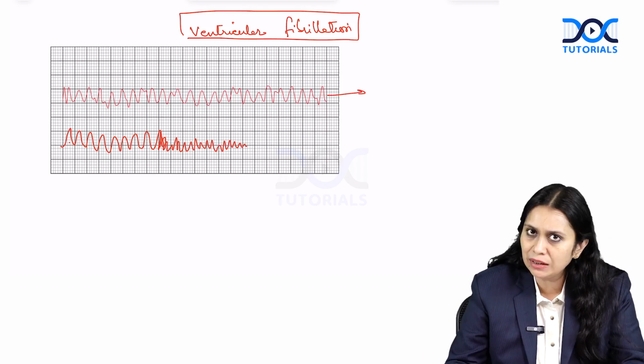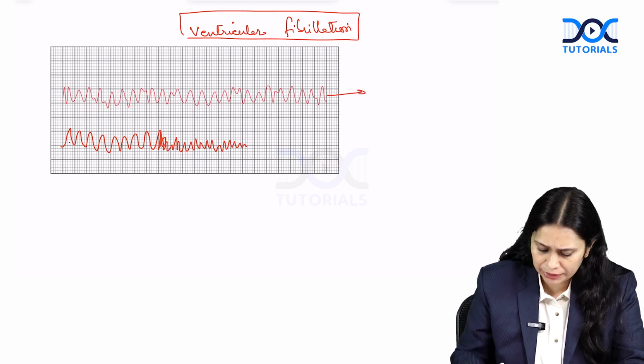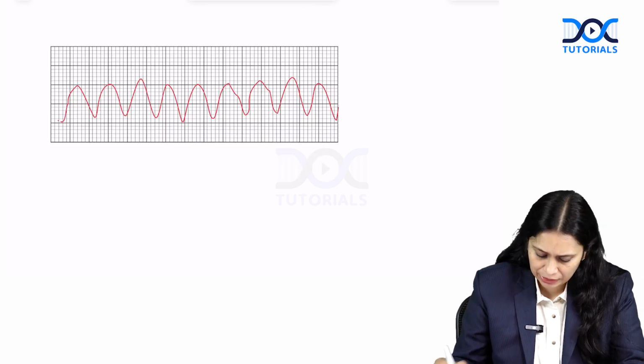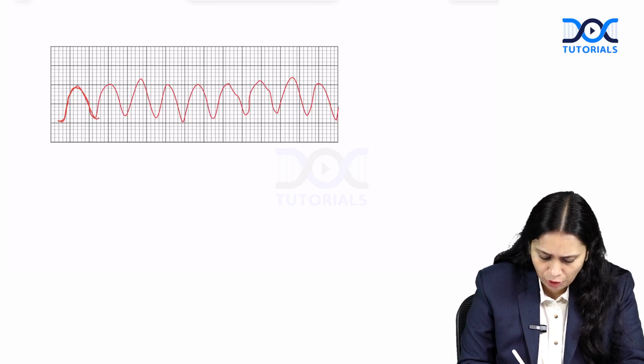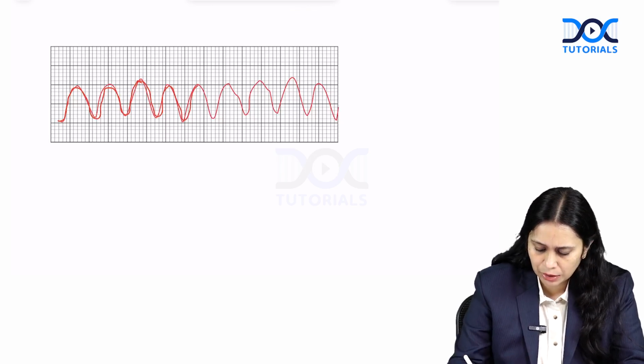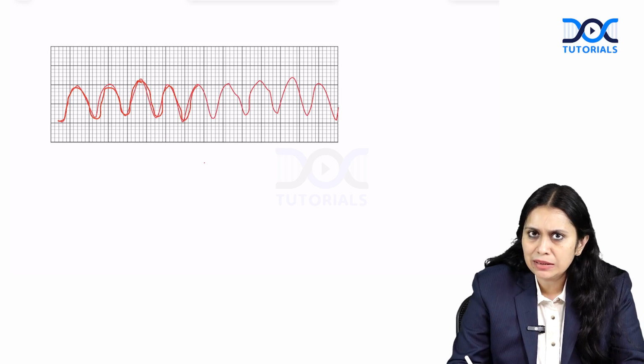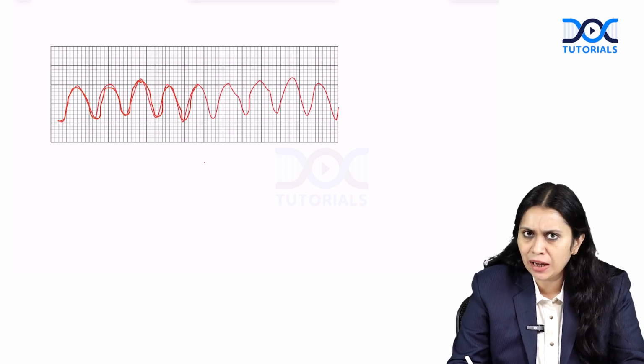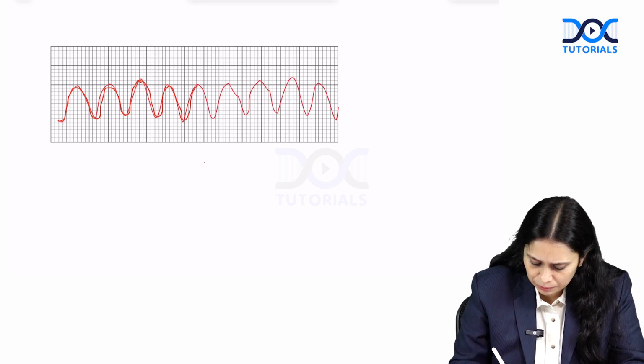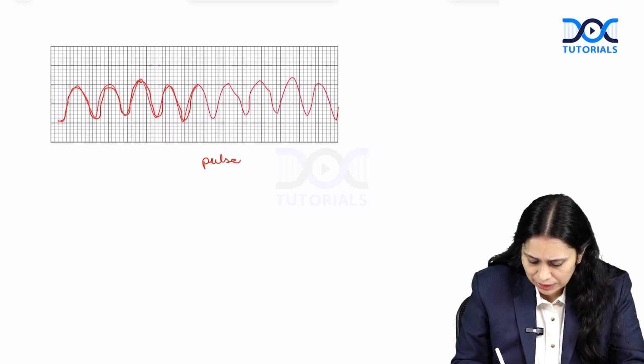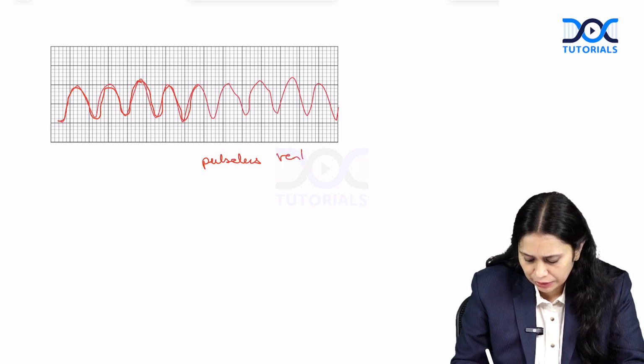This is ventricular fibrillation. The ventricle is fibrillating. Now, what is pulseless ventricular tachycardia? This has a uniform waveform, and the rate is very high, but the waveform is uniform. This is pulseless ventricular tachycardia.